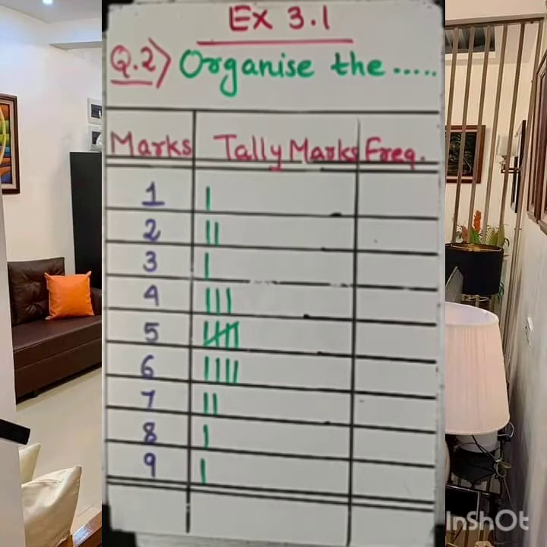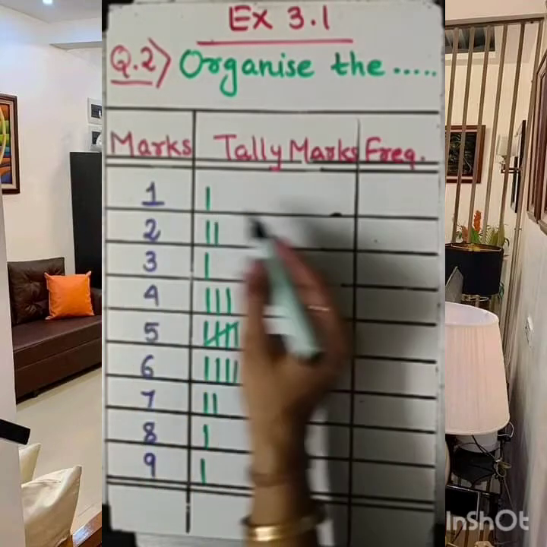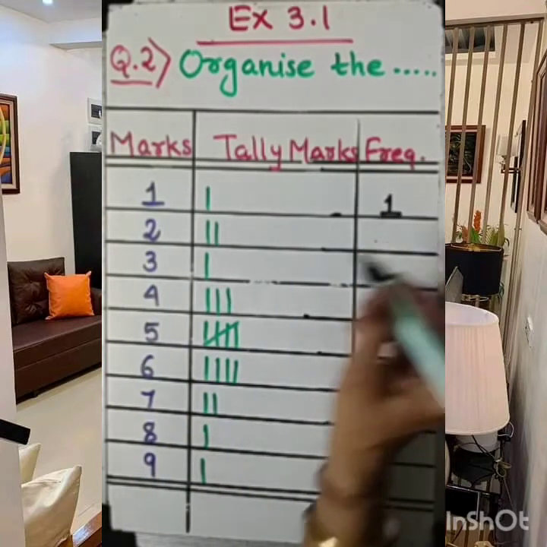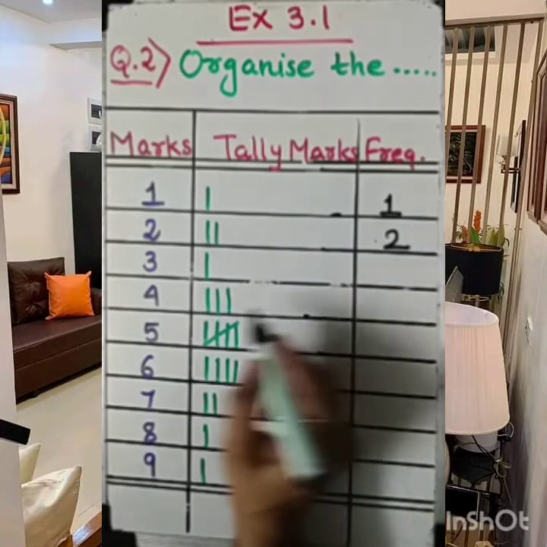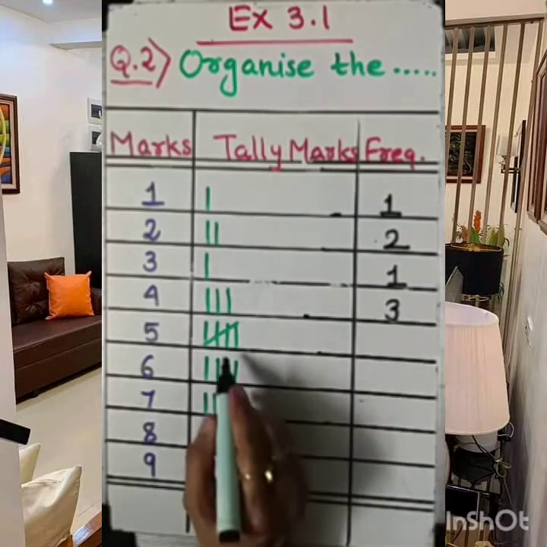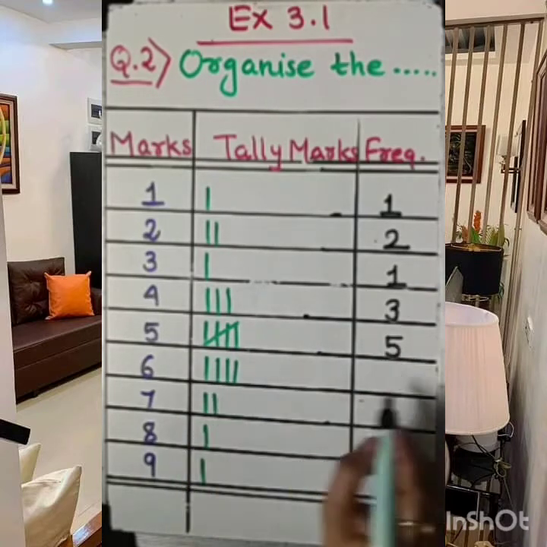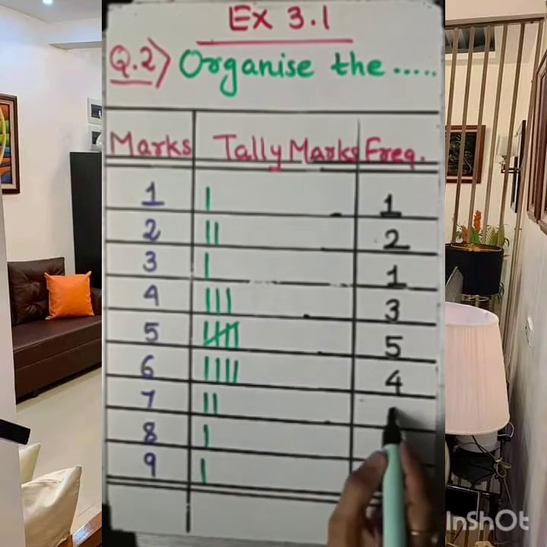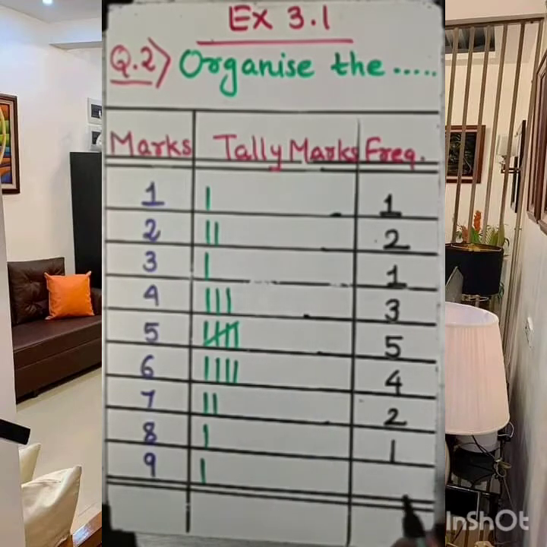Now let's note down the frequency according to the tally marks. 1, then 2, 1, 3, 5, 4, 2, 1 and 1. Yes student, here we need to mention total and here we will write a dash and the total of all the frequency.